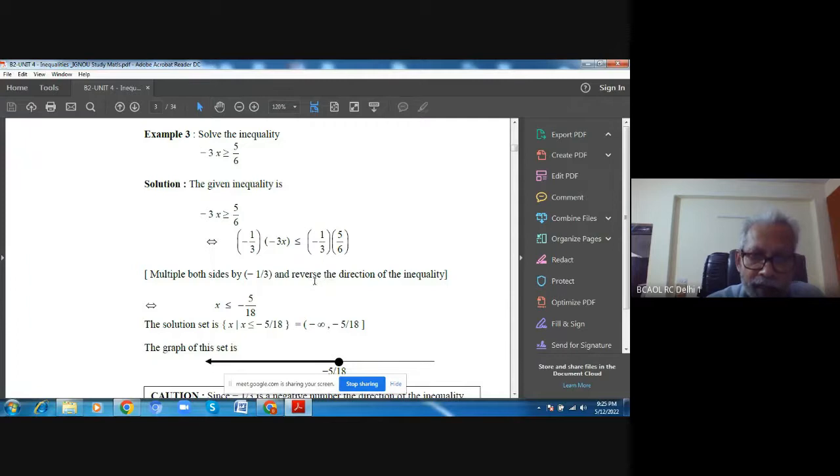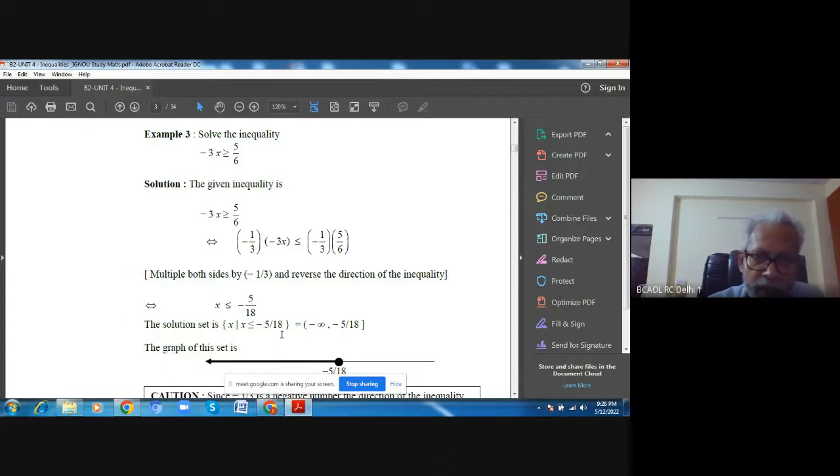Now in this case reverse the direction because the value is negative. Even though the direction was showing this side earlier, it is not this side. Now I have to draw in this side because the value is negative.